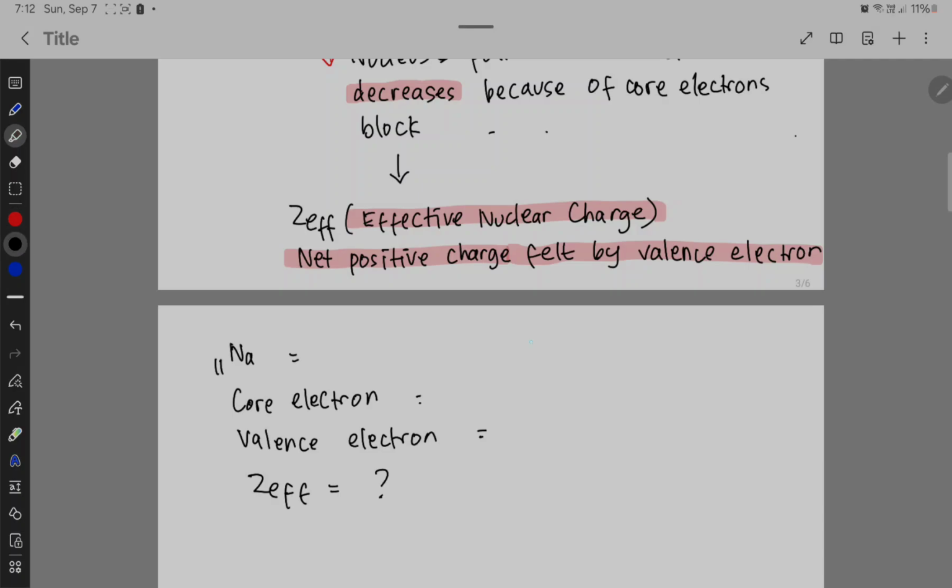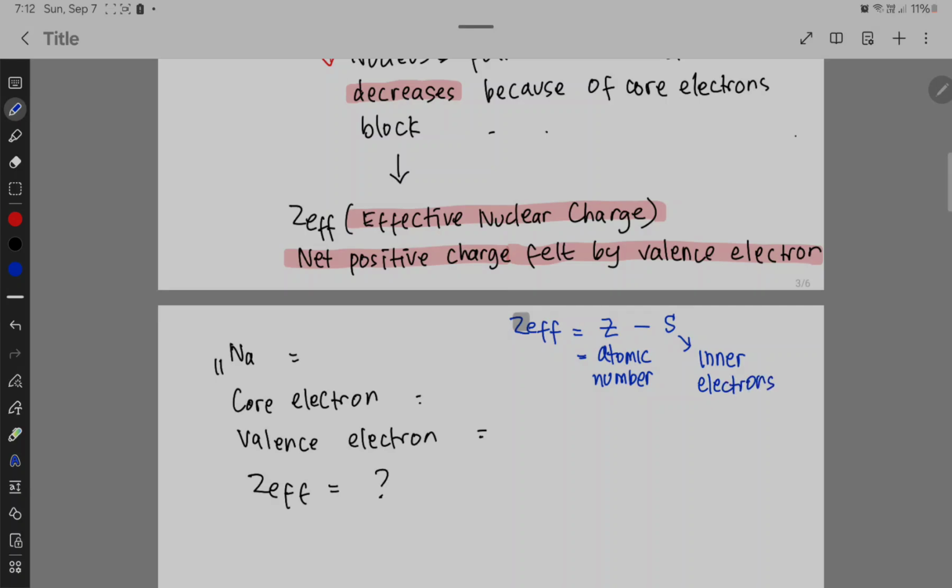Zeff is the atomic number Z minus S. Z is the atomic number, while S is the inner electrons.